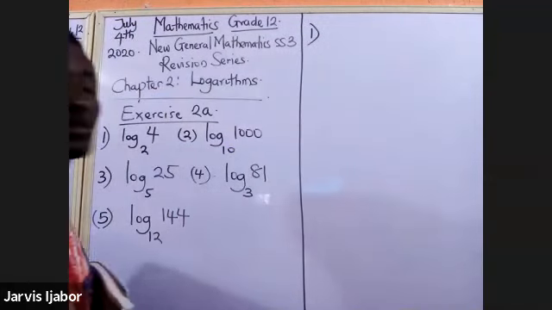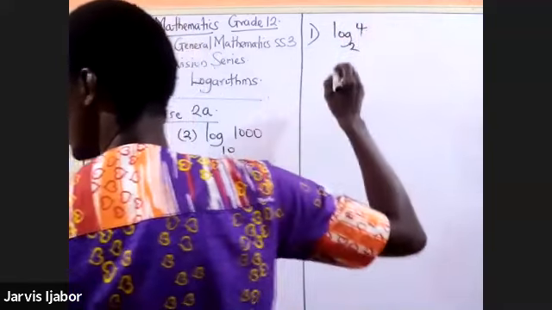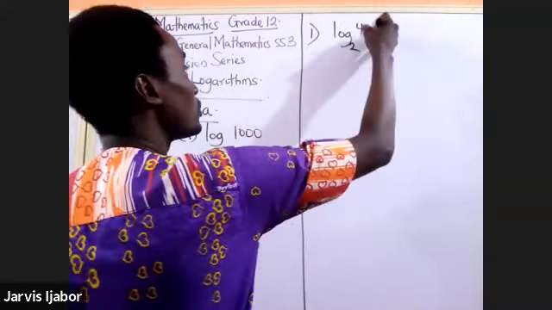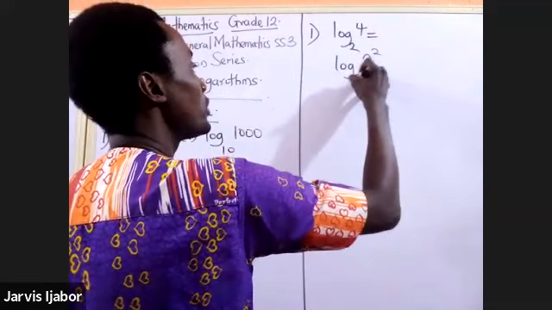Log 4 base 2. Log 4 base 2 will be equal to log 2 to the power of 2 base 2.